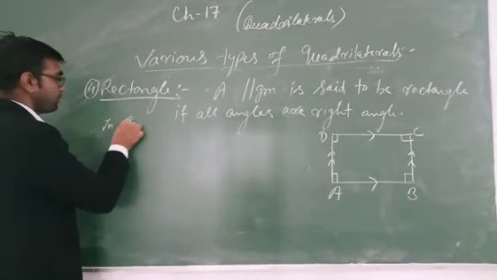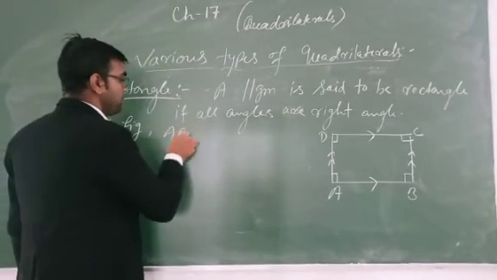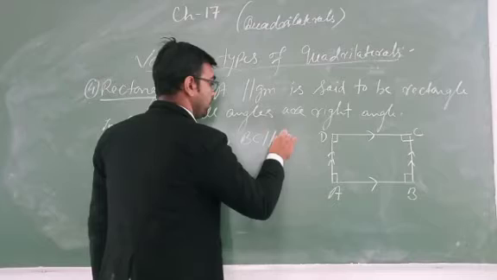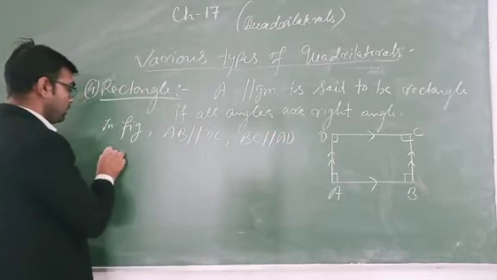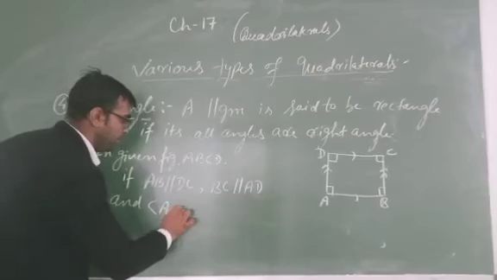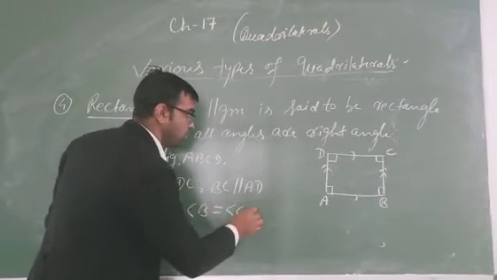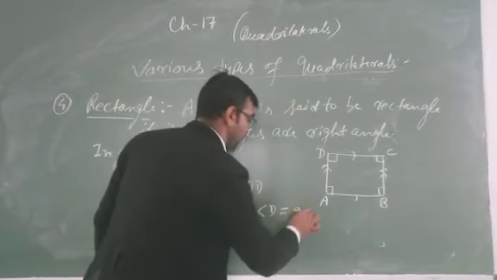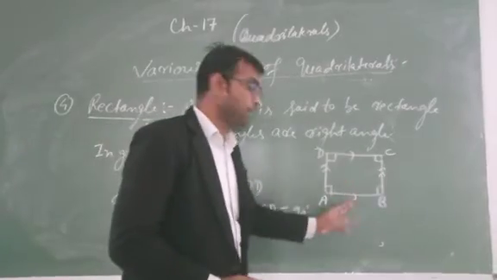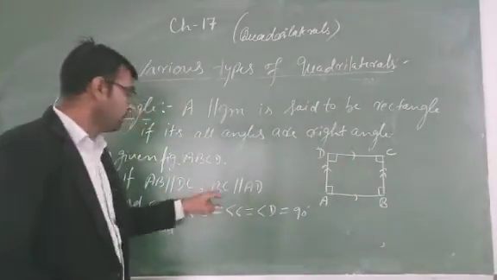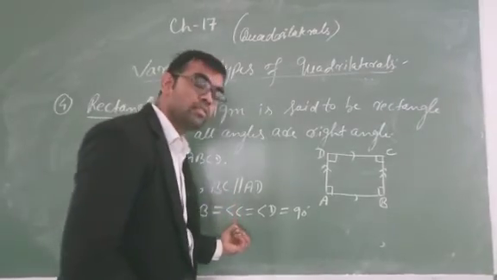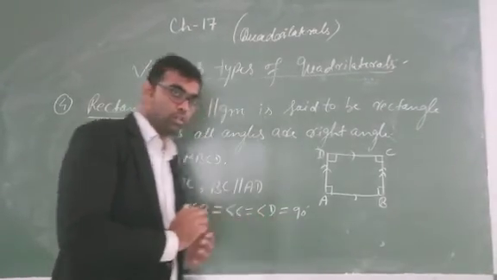So in the figure, AB is parallel to DC and BC is parallel to AD, and angle A is equal to angle B is equal to angle C is equal to angle D is equal to 90 degrees.